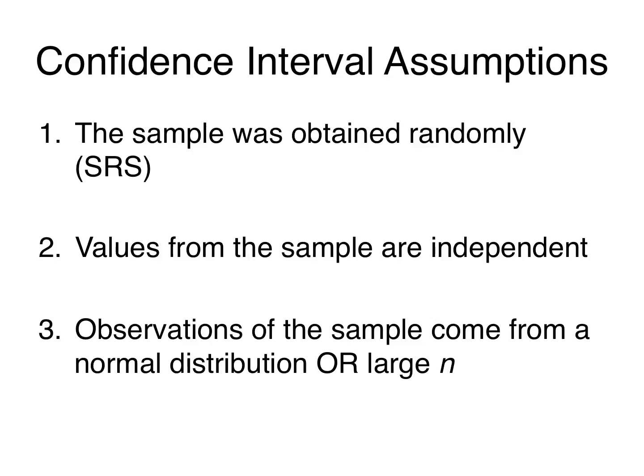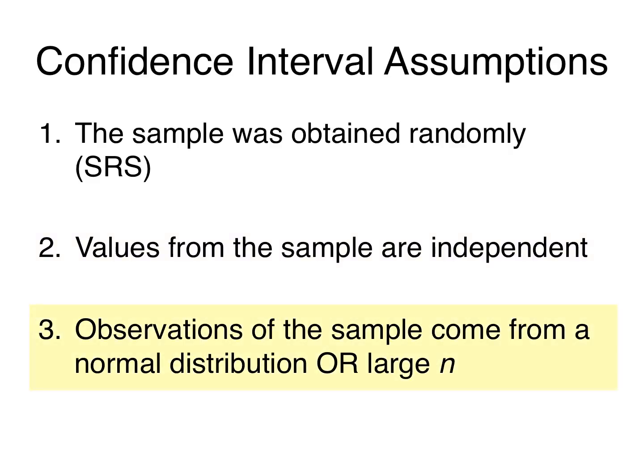There are three main assumptions for confidence intervals. We assume that our sample was an unbiased simple random sample, that participants were obtained randomly. We assume that the values of observations derived from our sample are independent, so the inclusion of one participant does not affect the likelihood of another participant being included in the sample.